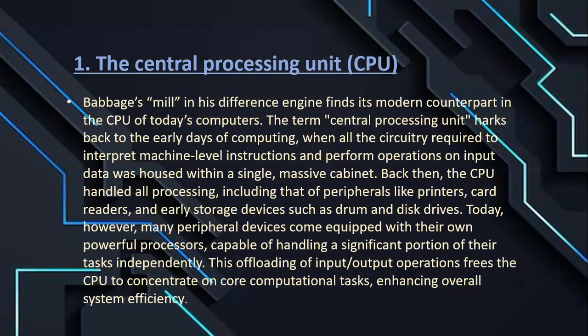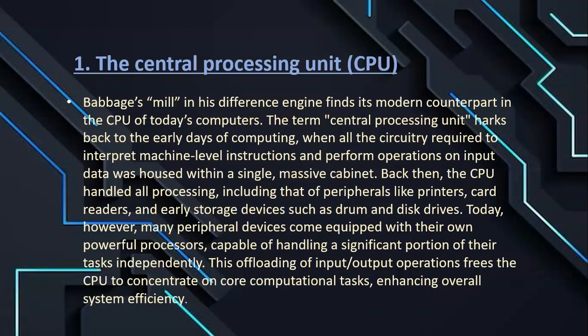Back then, the CPU handled all processing, including that of peripherals like printers, card readers, and early storage devices such as drum and disk drives. Today, however, many peripheral devices come equipped with their own powerful processors, capable of handling a significant portion of their tasks independently.